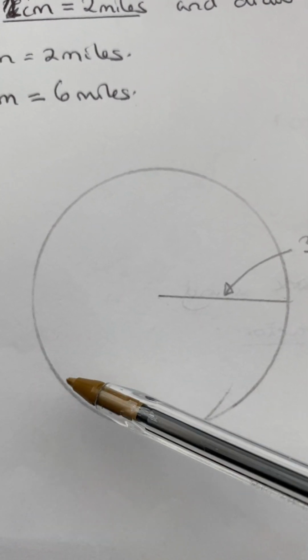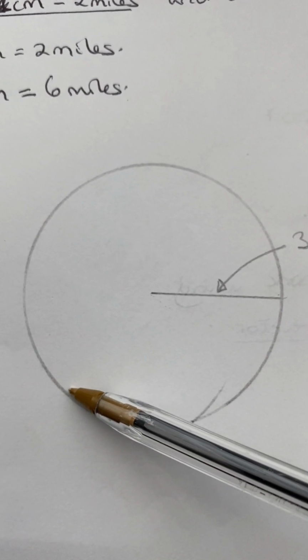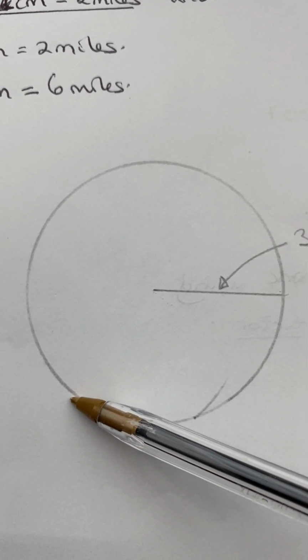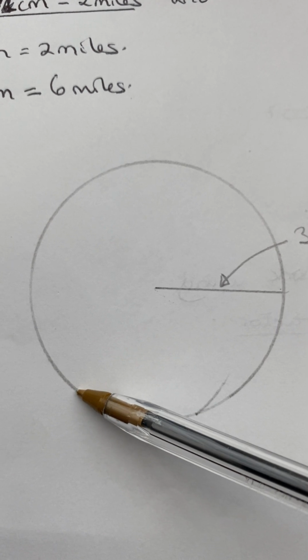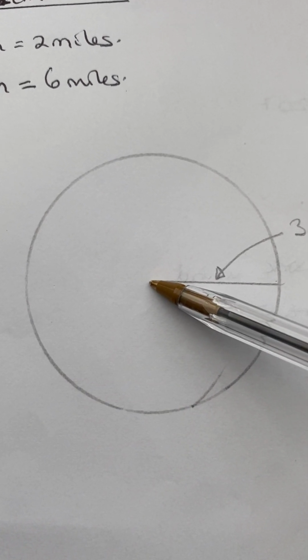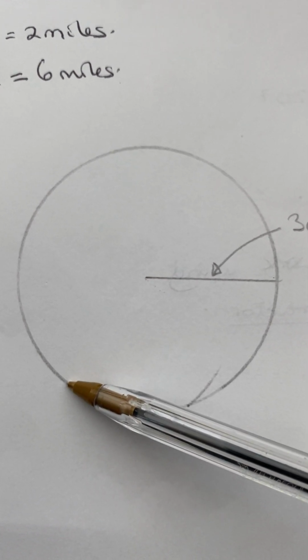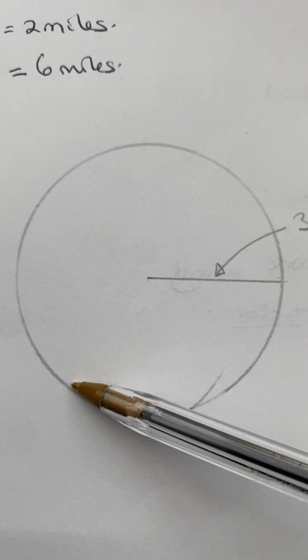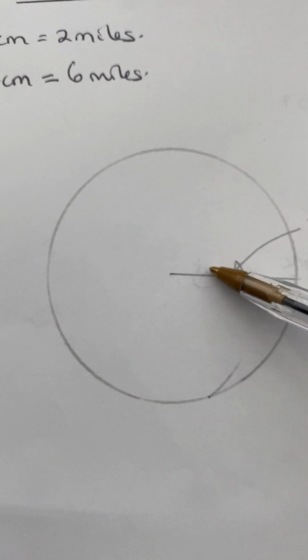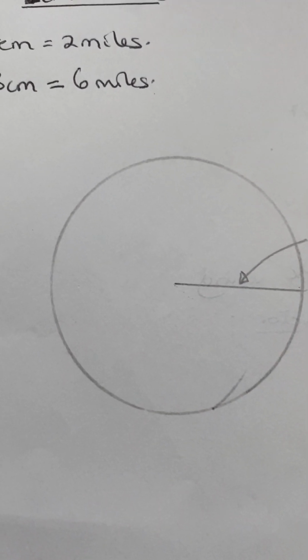But assuming at this point, exactly 6 miles from this point of incident, that would be a locus. I hope I'm making sense. So this is what we started to look at last lesson.